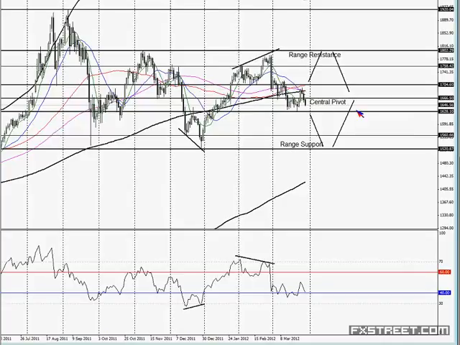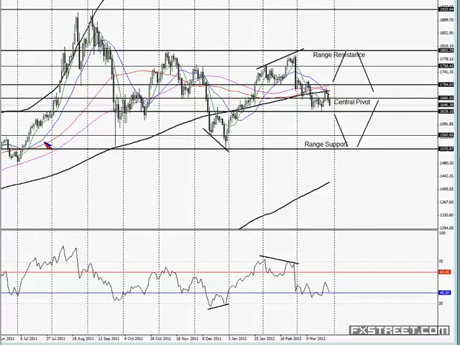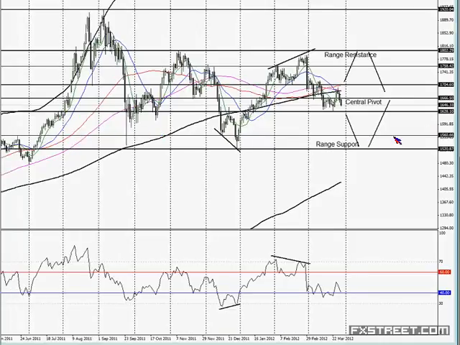So in the medium term, I'm sideways on gold. When you look at it from a long-term perspective, it is bullish. So I would rather look for support here than look for resistance here.